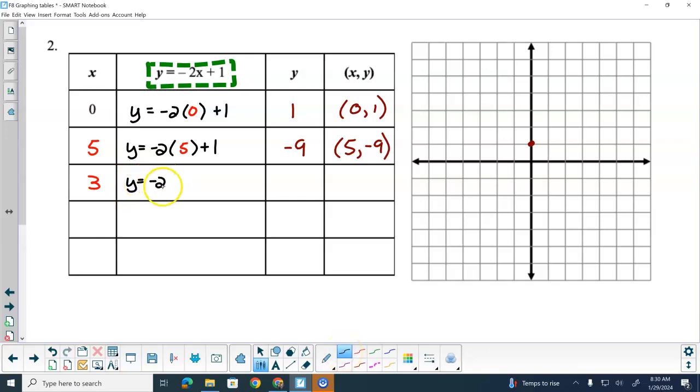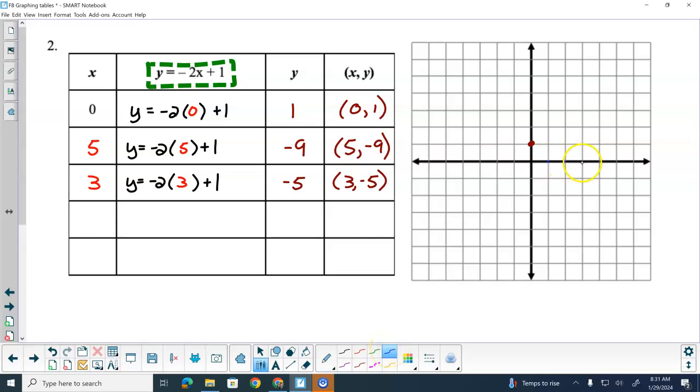Y equals -2 times 3 plus 1. -2 times 3 is -6. -6 plus 1 is -5. Exactly. -5. So then we can graph the point 3, comma, -5.